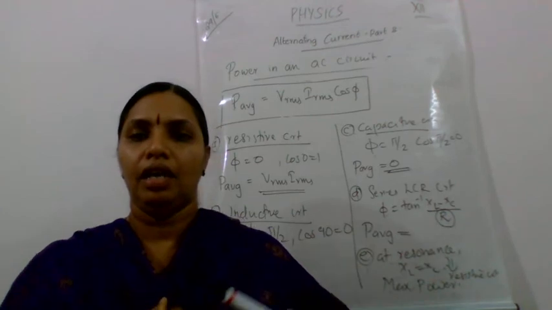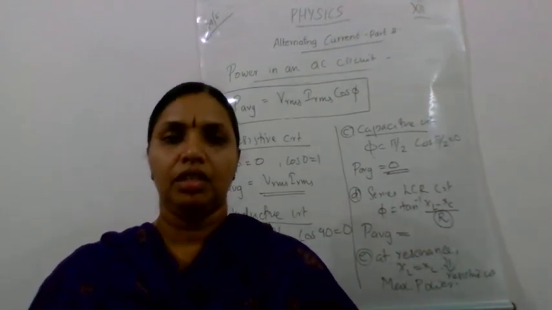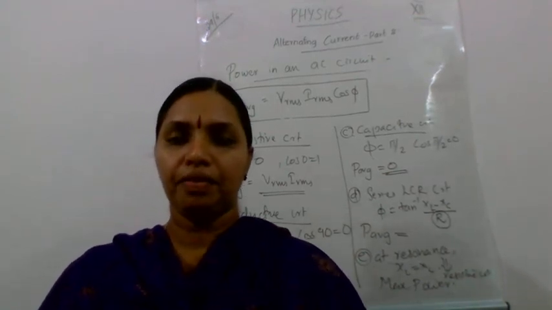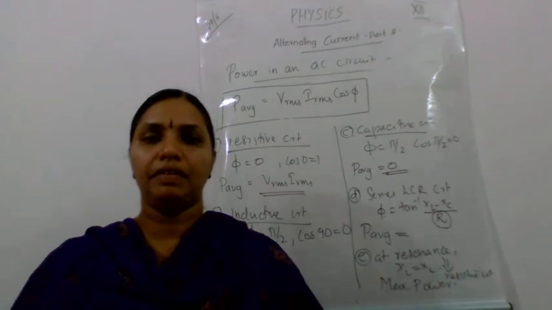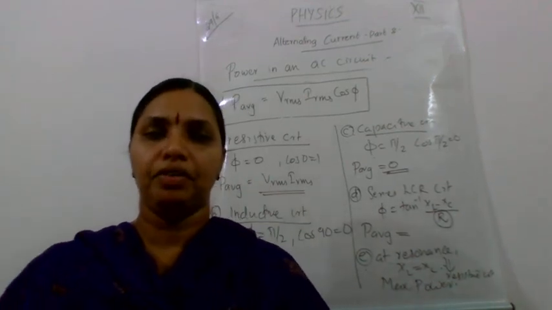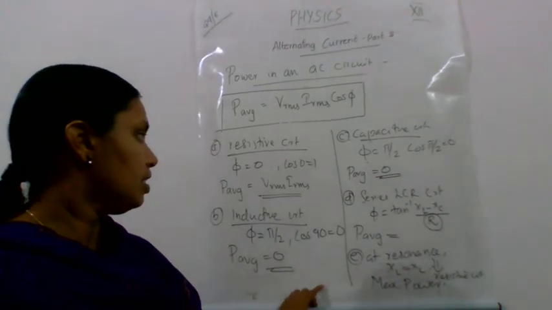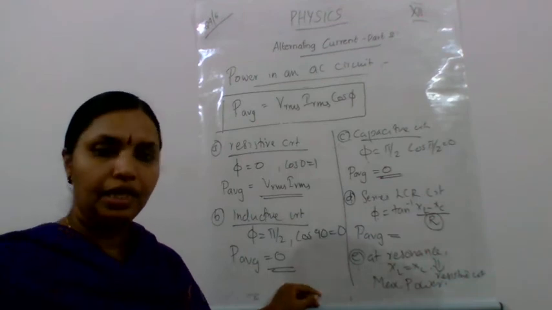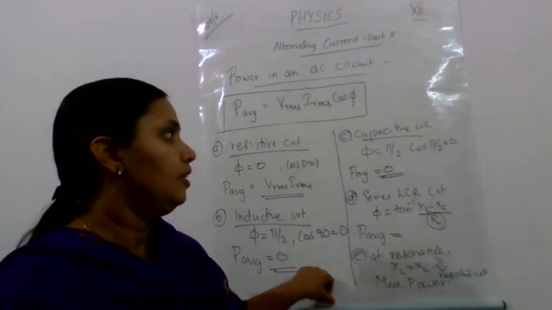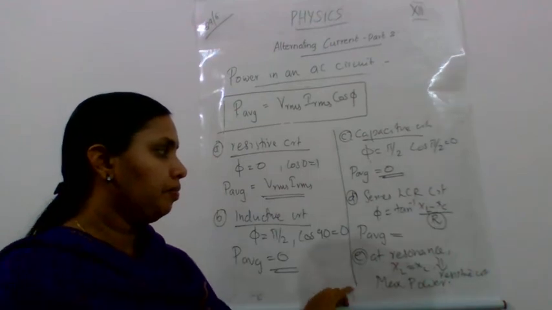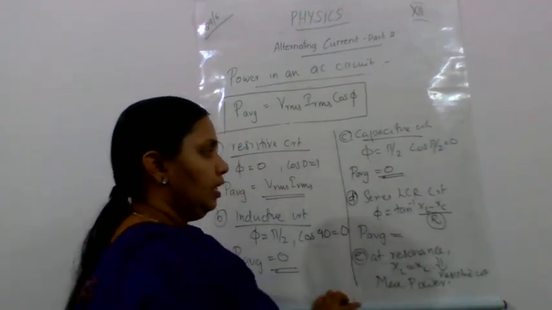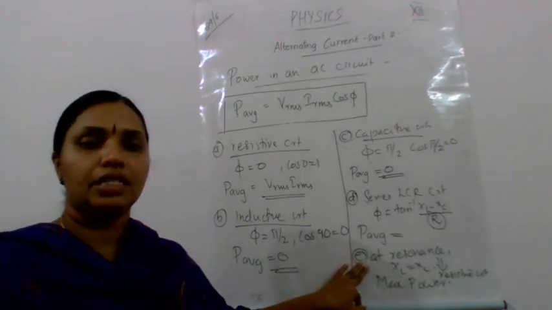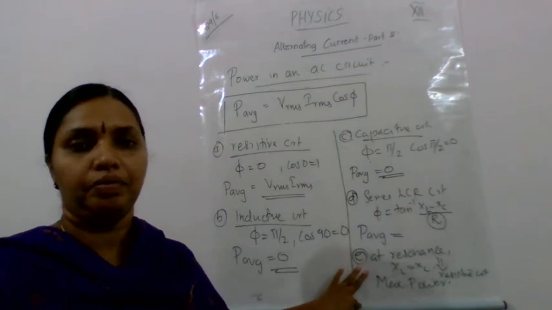Derive the average power in the case of A, resistive circuit, B, inductive circuit, C, capacitive circuit, D, series LCR circuit, and E, series LCR circuit at resonance.